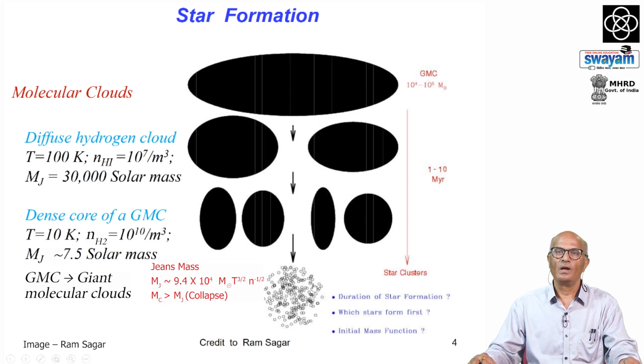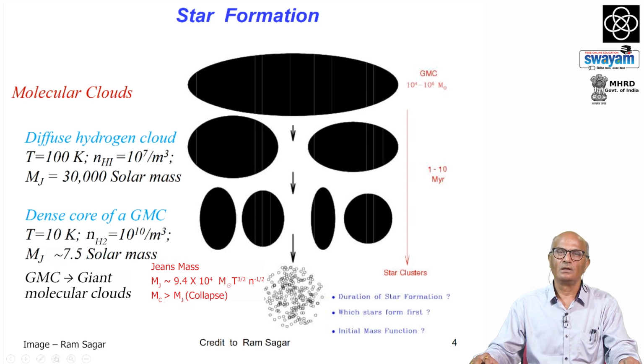In this process, if you look at the dense core of a giant molecular cloud, the temperature has become cold, because during the gravitational process the cloud was still optically thick. So, whatever gravitational contraction took place, that energy is radiated away, it has cooled, but the density of the cloud has increased.